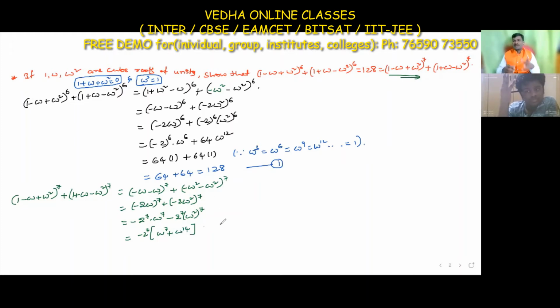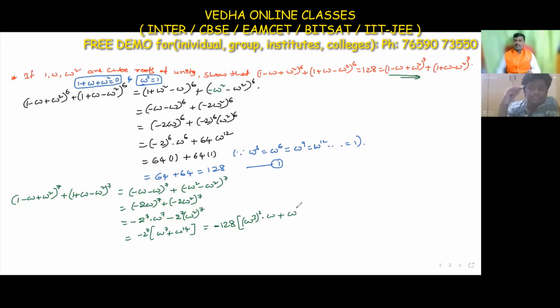What is 2 power 7? 2, 4, 8, 16, 32, 64, 128. So minus 128 into omega power 7, which is omega power 3 whole square is 6, into omega.